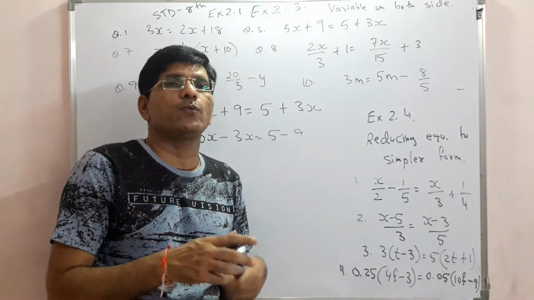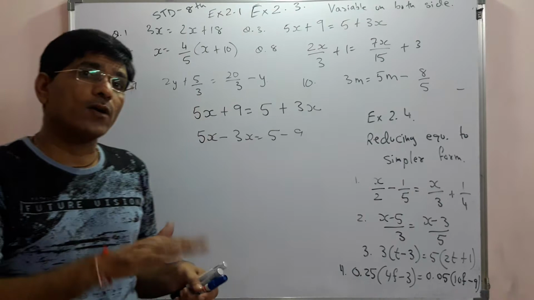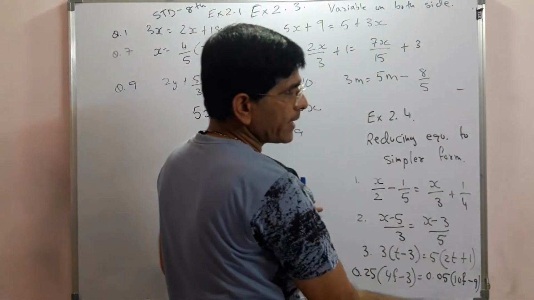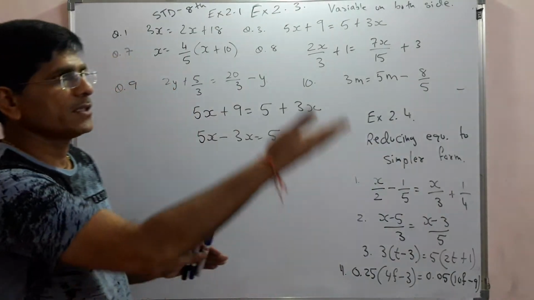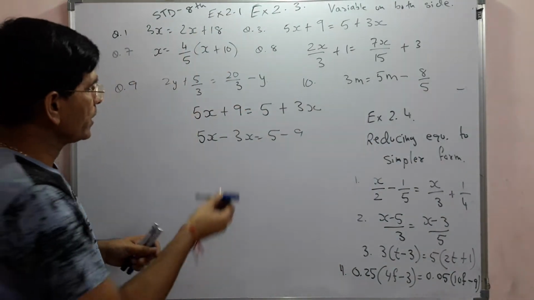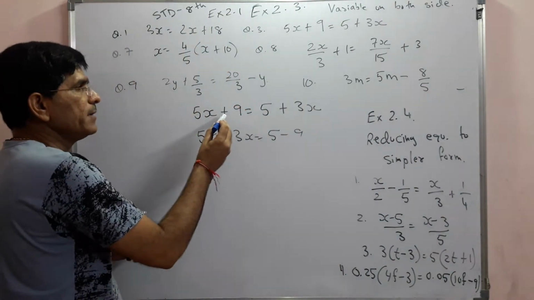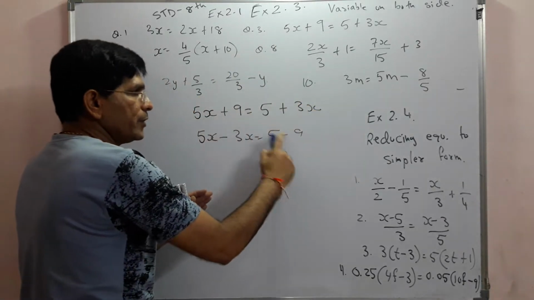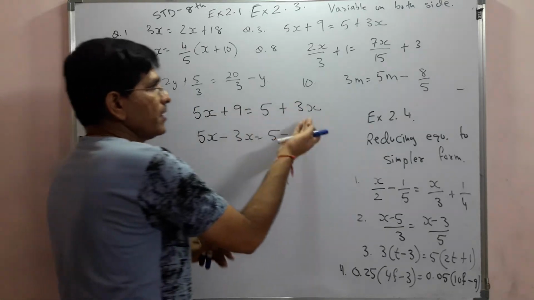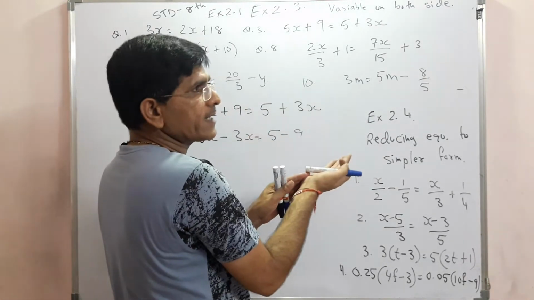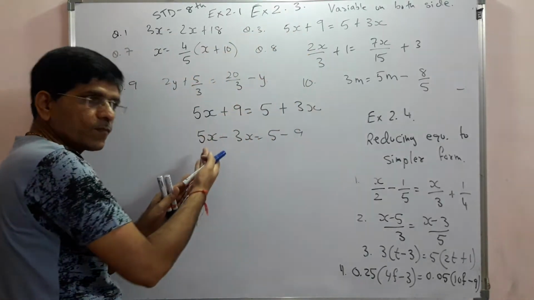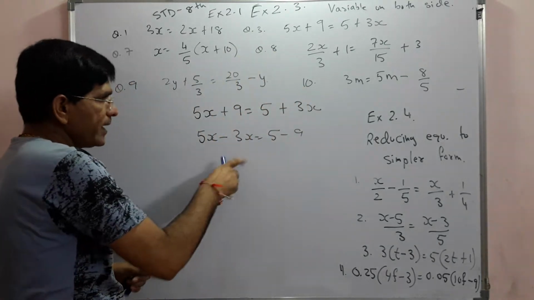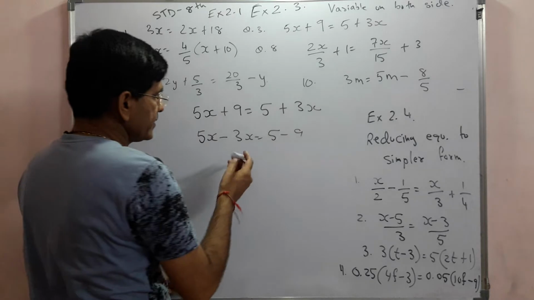Every variable we shift to the left and constants to the right. Constant terms should be shifted to the right hand side and variables to the left hand side. Here plus 9 shifted from left to right becomes minus. Plus 3x on the right hand side we shift to the left hand side, so plus 3 becomes minus. So 5x minus 3x is 2x.